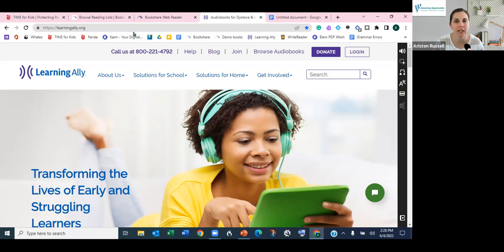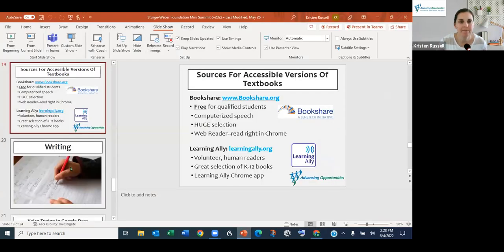Okay. And really all it is, is a very short document where somebody who is a competent authority, such as a school case manager, a psychologist, or a doctor, is listed on the registration form. They really are just checking a box. You're not submitting testing or that kind of thing. Okay. So Bookshare and Learning Ally, check them out.